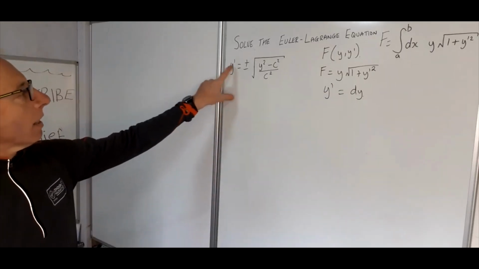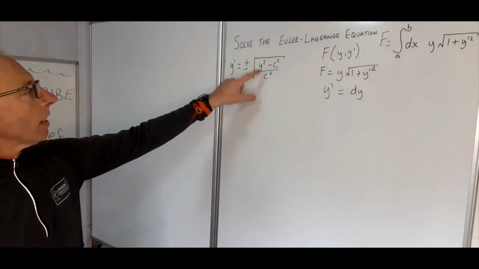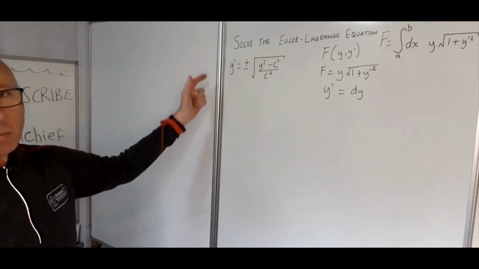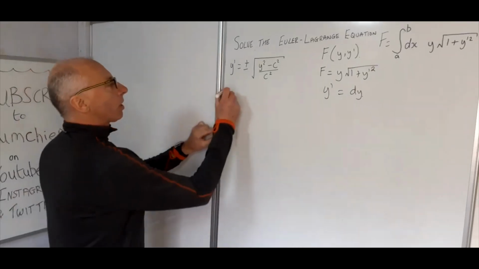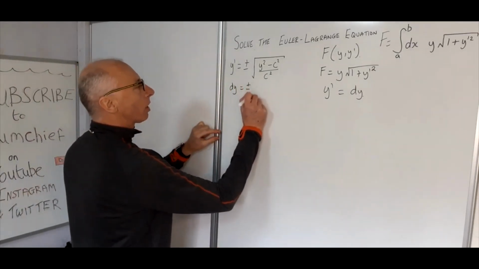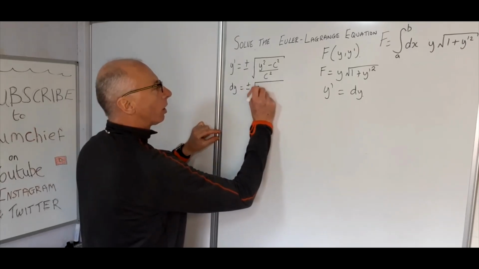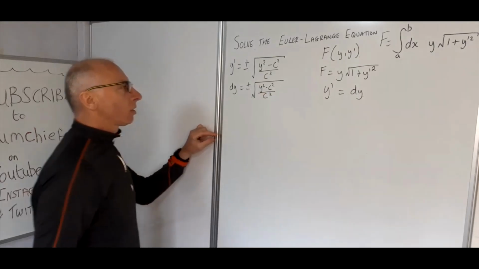So if we do that, then we've got two y terms, and then we can maybe try and isolate this term here and see what happens. Okay, so let's rewrite it like this first. So dy over dx equals plus or minus square root of y squared minus c squared over c squared.